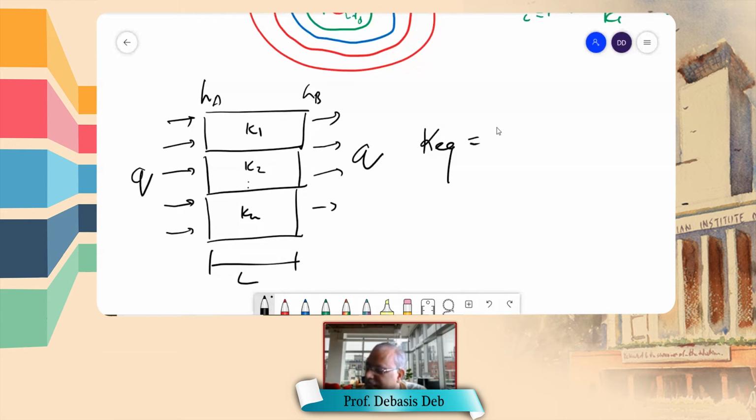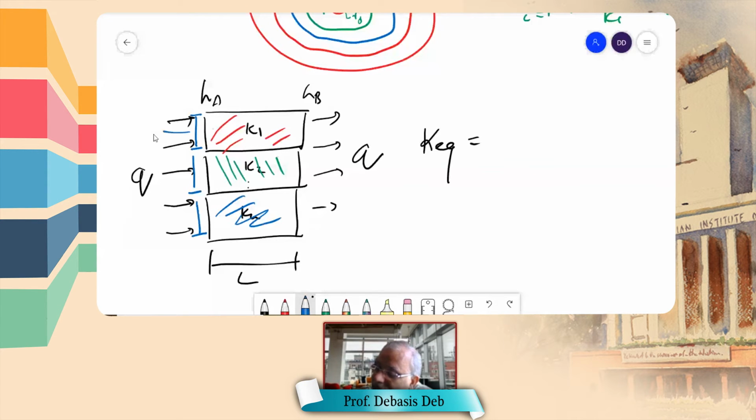So this is layer number 1, and this is layer number 2, and this may be layer number 3 or layer number n. Now, what is the difference? Here, the difference is in this.